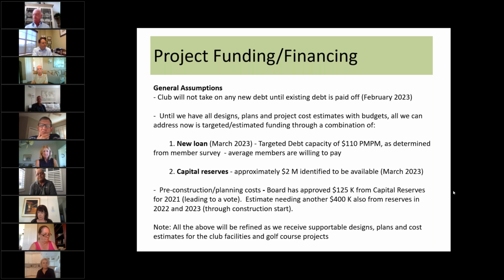The board has already approved $125,000 to be used from capital reserves for the year 2021, which is the year we're in, which would lead us to a vote sometime hopefully in October. And the estimate we need going forward would be about another $400,000, again from the capital reserves in 2022 and 2023 through to the construction start.